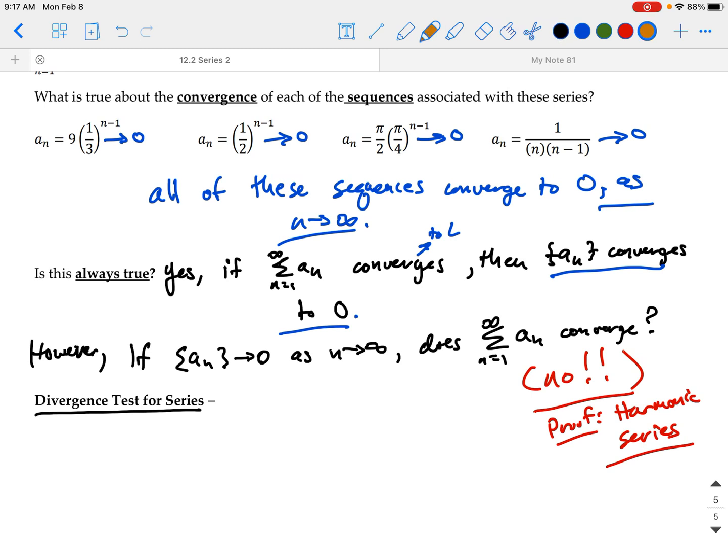So because this is true for all convergent series, a sub n converges to 0. And no, we haven't proved this yet, and I might provide a proof in a separate video.